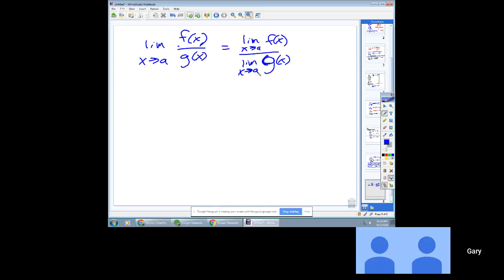There's one more catch here. What am I hoping g of x is not equal to? 0. Yeah, better not be 0, otherwise we get trouble, because then I have opened up another can of worms. So as long as this limit in the bottom is not 0. Okay. Both limits have to exist, the denominator can't be 0.